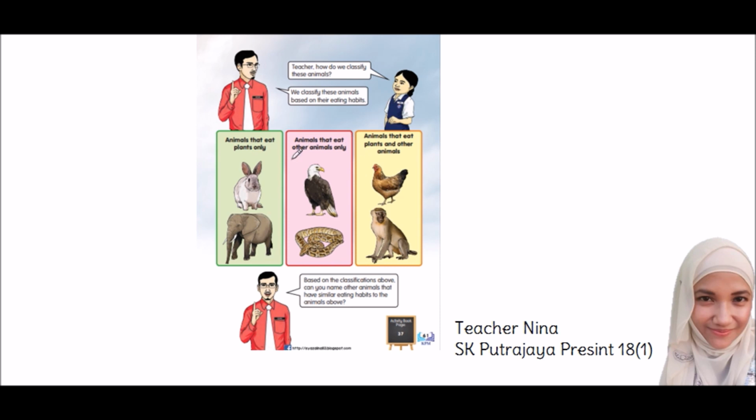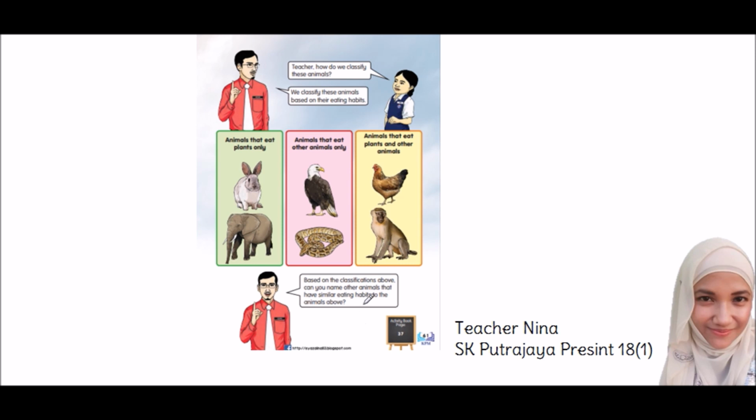The second one are the animals that eat other animals only. You still remember the eagles and also the snake? Good. And the third group are the animals that eat plants and other animals. The chicken and also monkey.